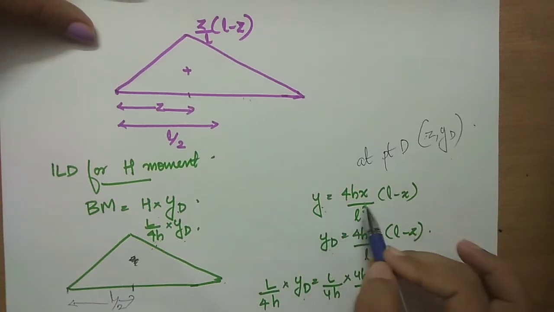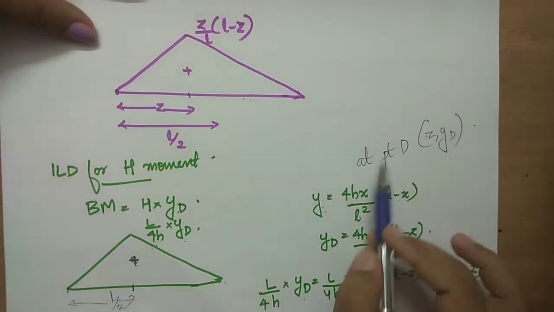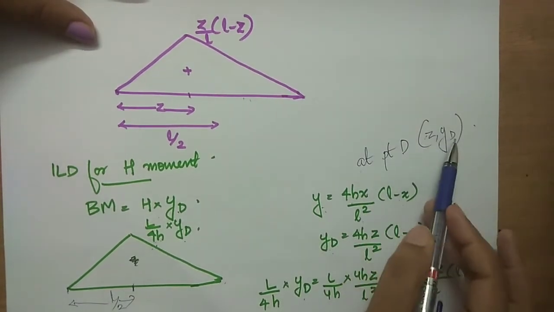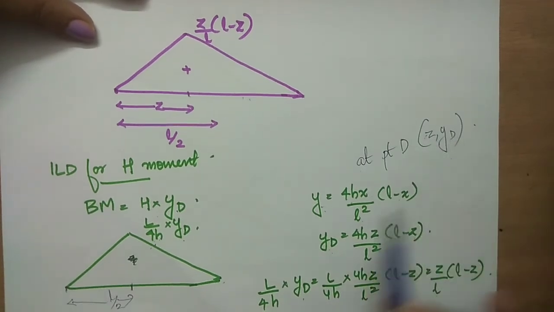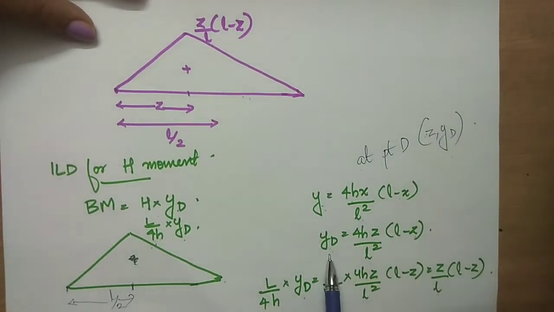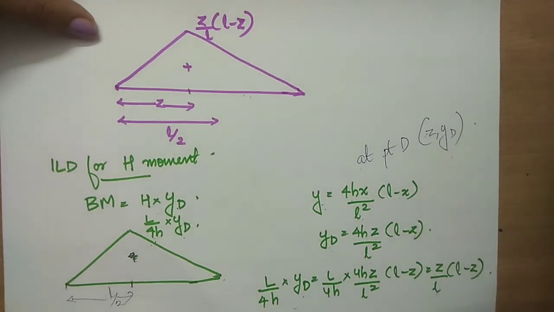The general equation for Y is 4HX by L square into L minus X. At point D, the coordinates are Z and YD from the figure. That is X is equal to Z and Y is equal to YD. Substituting this in the equation, we get YD is equal to 4HZ by L square into L minus Z. That is, L by 4H into YD becomes Z by L into L minus Z after cancelling out some terms.